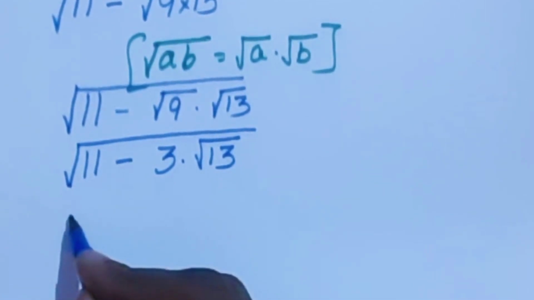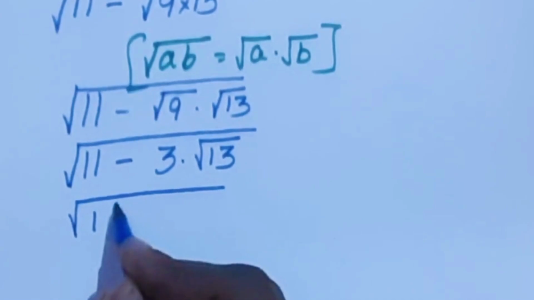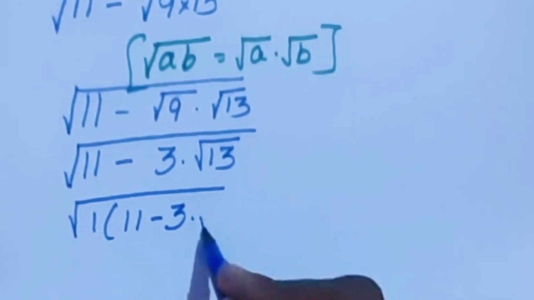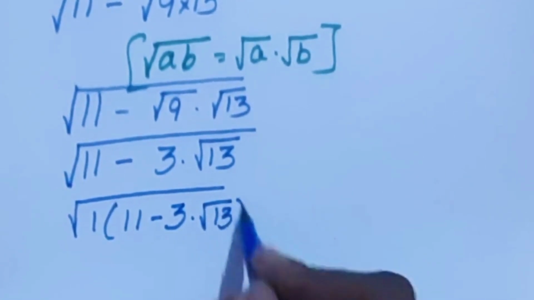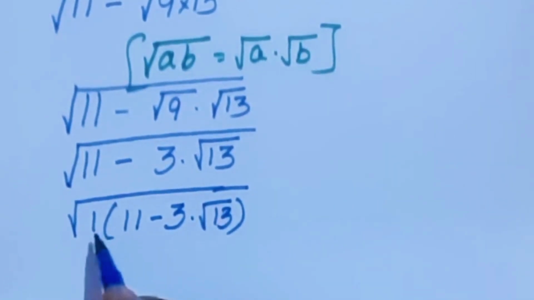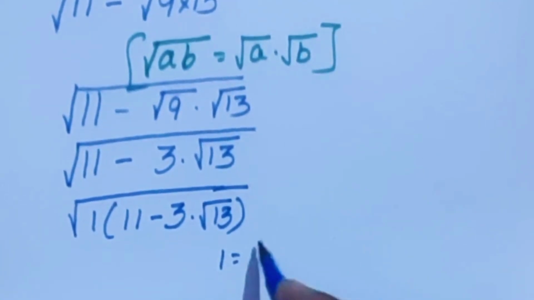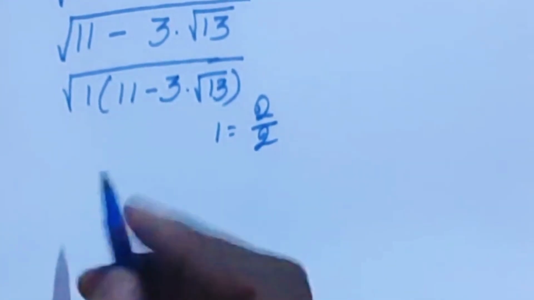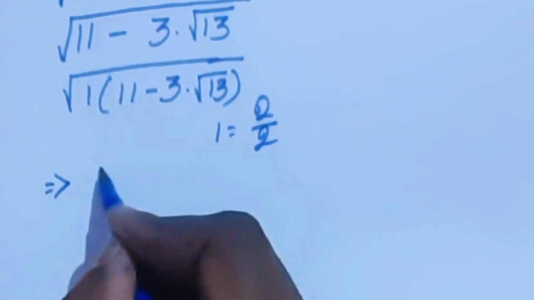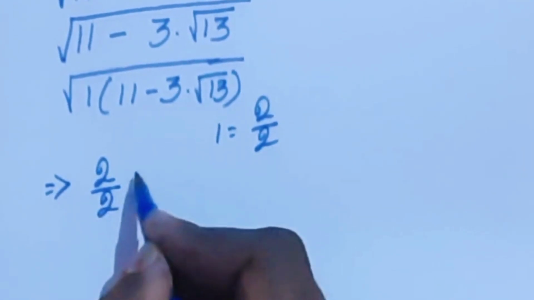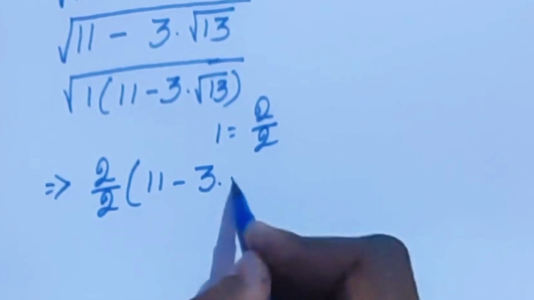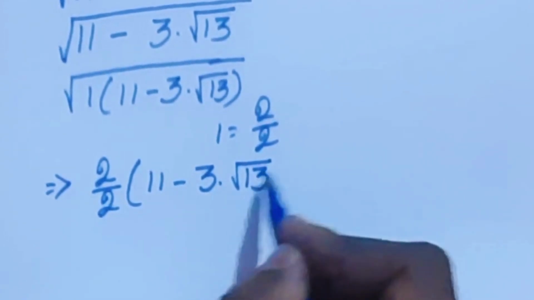So square root of 1 times (11 minus 3 times square root of 13). Here this 1 can be written as 2 by 2. This we are going to apply here. So we'll get square root of 2 by 2 times (11 minus 3 times square root of 13).